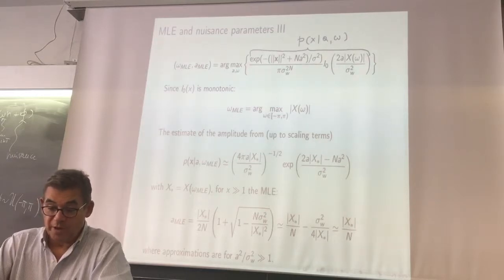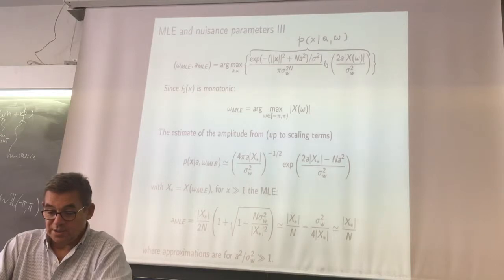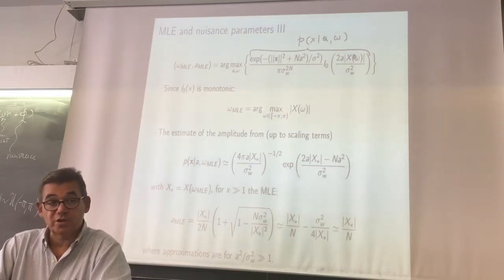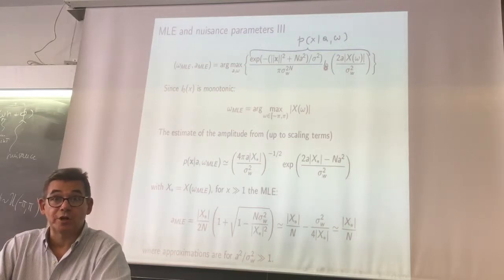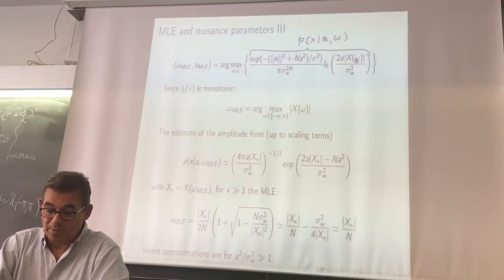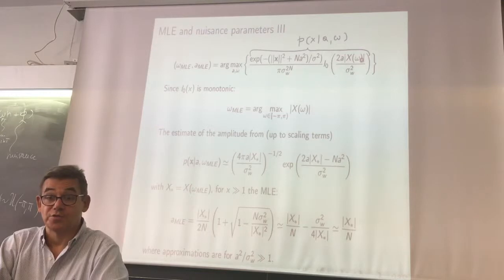Now, this is the power of the data, and this is the power of the observation, but this is the Fourier transform. Since the Bessel function is monotonic, always increasing with respect to the argument, we can say that the maximization with respect to omega is just the maximization of the absolute value of the Fourier transform.